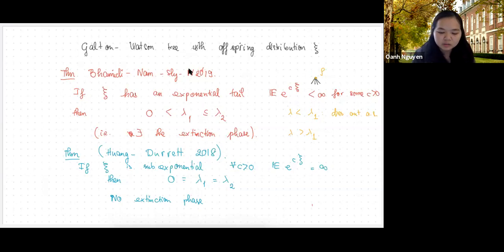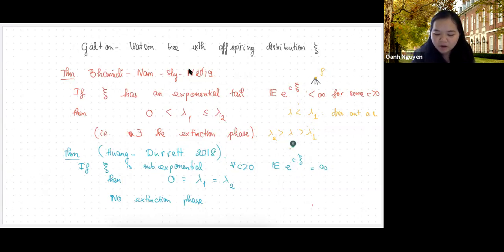And lambda 2: if lambda is smaller than lambda 2, then even though the process survives forever, the infected points escape to infinity, meaning they get further away from rho, and rho is infected only finitely many times.